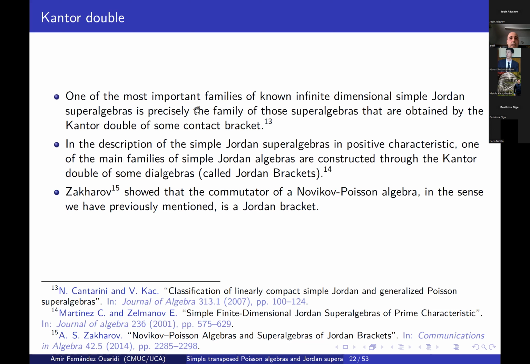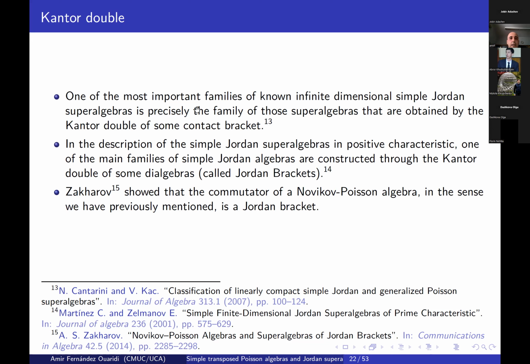This construction also appears in the description of the simple Jordan superalgebras in positive characteristic. One of the main families in particular is constructed through the Kantor double of some algebras, which are called Jordan brackets.